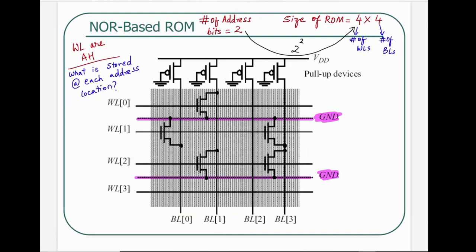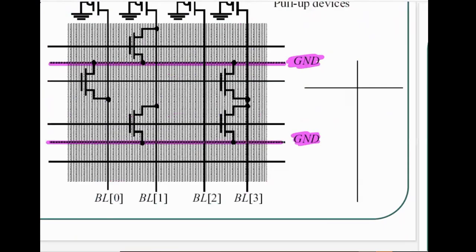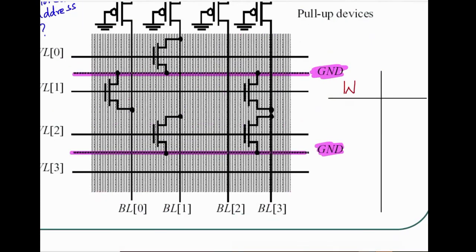So let us make a table here for finding out what is stored at each of those 4 locations. So what I'll do is I will go in here and say this is my word lines expressed in hex, and I'm also going to find out what is my bit line stored in hex.